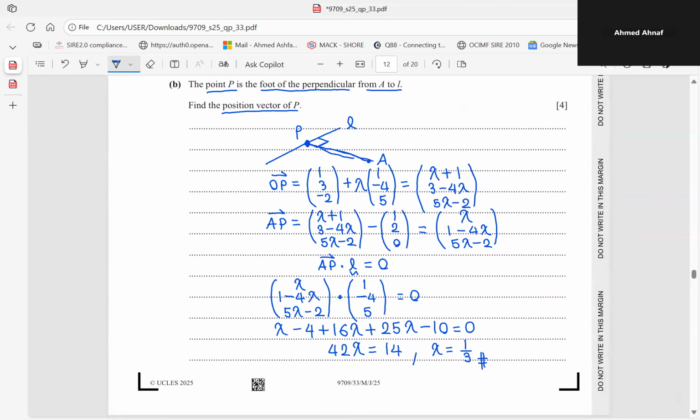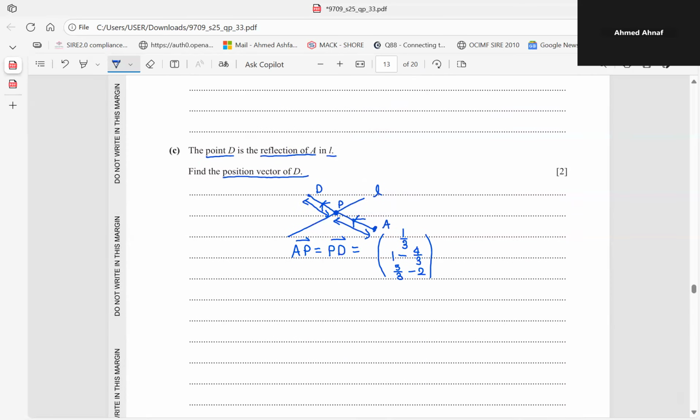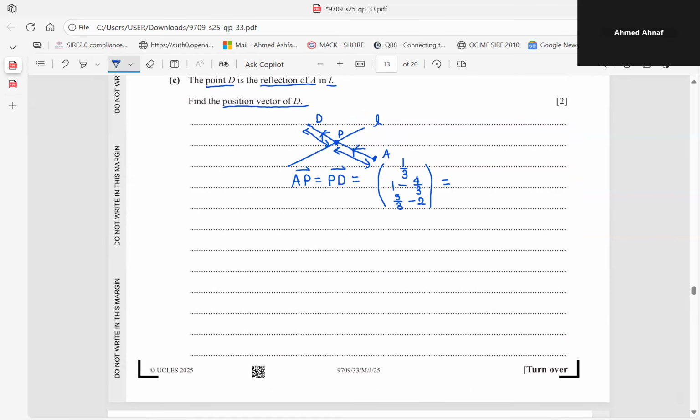Let me see if I did it correctly. Yeah, so this is PD, so 1/3, 1 minus 4 over 3, that's minus 1/3. And 5 over 3 minus 2, that's minus 1/3. So yeah, so this is AP.